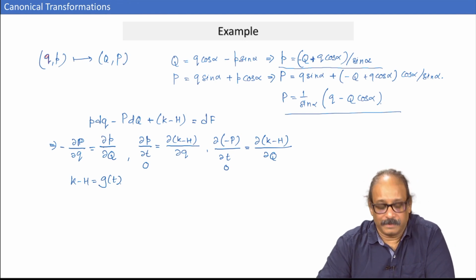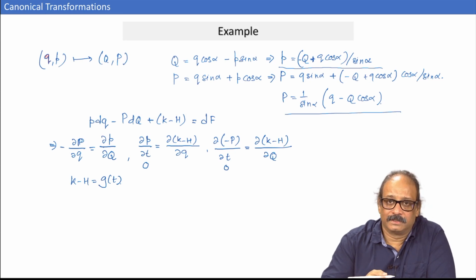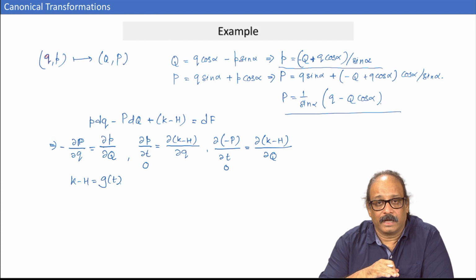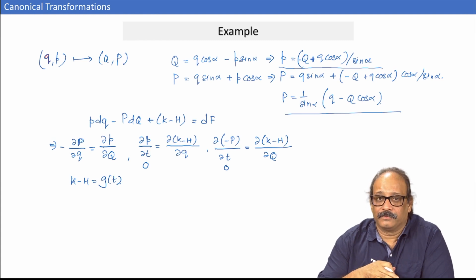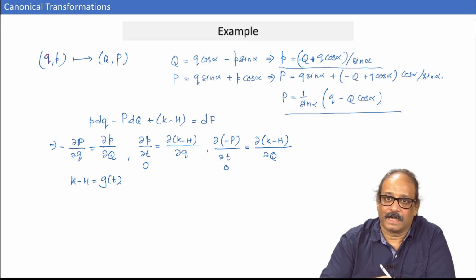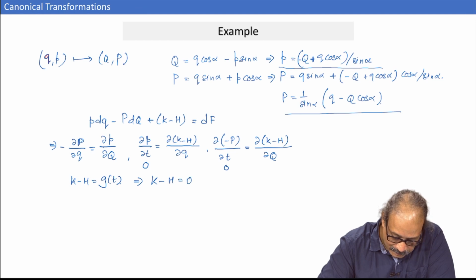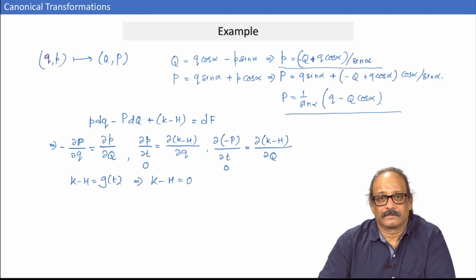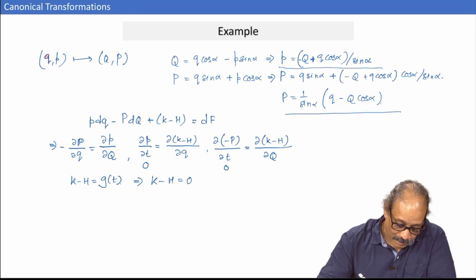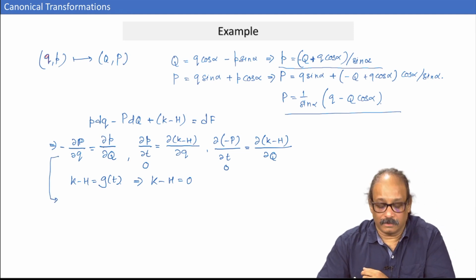It doesn't depend on p and q. Okay? And that of course g of t you can choose because it's an exact differential. So you can write this as g dot t dt, and you can take it to the other side. So here I can write K minus H is equal to some function, you can choose that as 0. But focus on this condition. This will tell you whether it's canonical or not.